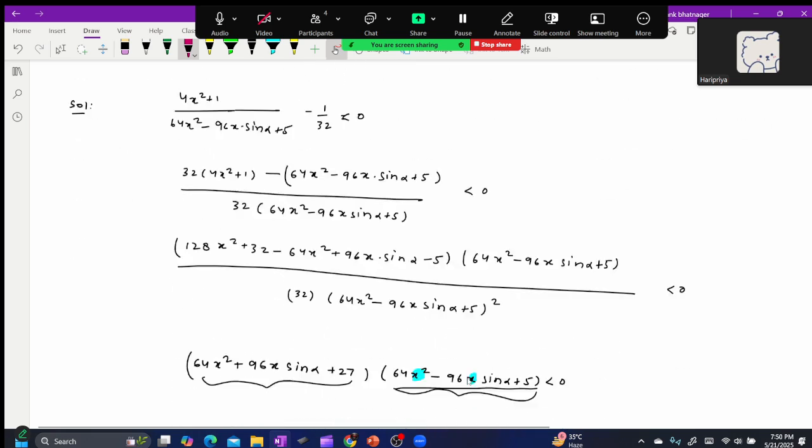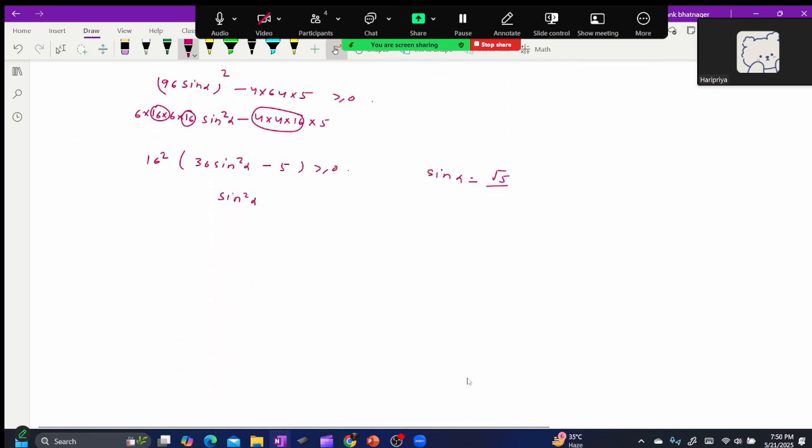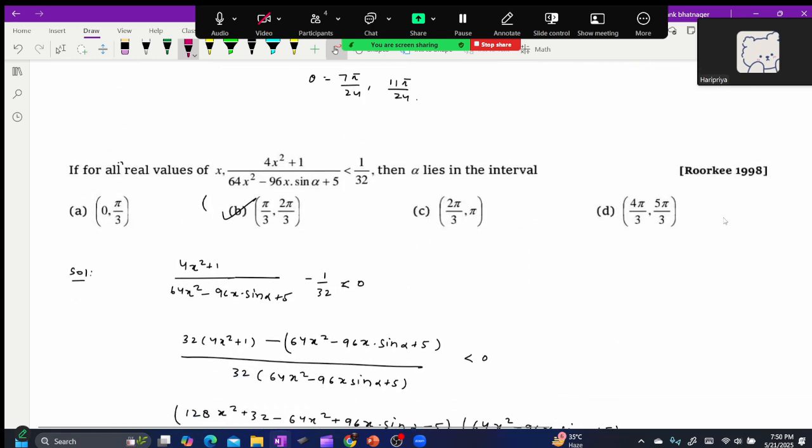So you get sine alpha is equal to plus or minus root 5 by 6. But what they have given is 4 pi by 3. This is what? 4 pi by 3 is nothing but 240 degrees. The value of 240 degrees. And 300.